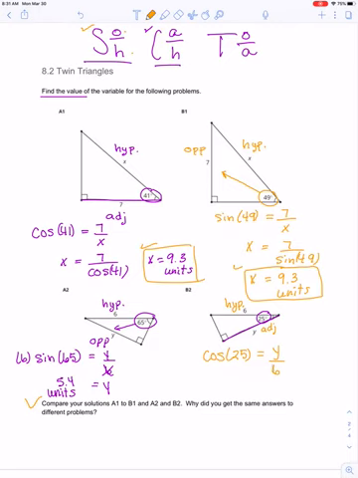All right, solve this. Multiply both sides by 6. Type that straight into your calculator, and you should come up with 5.4 units. All right, so again, 5.4, 5.4. So how can we compare this? So let's pay attention to the angles.